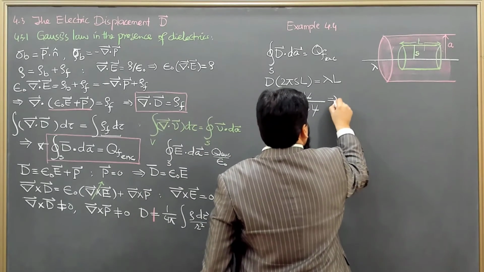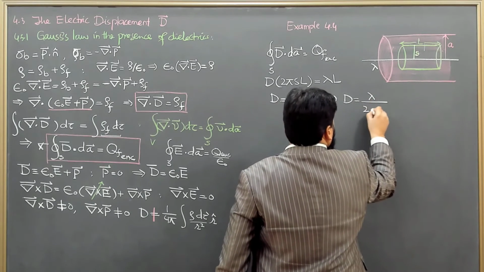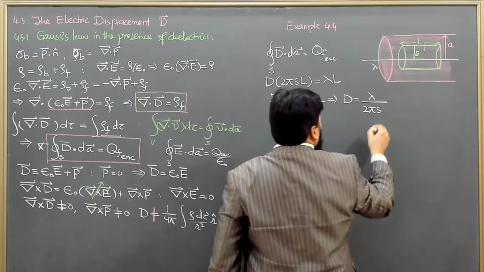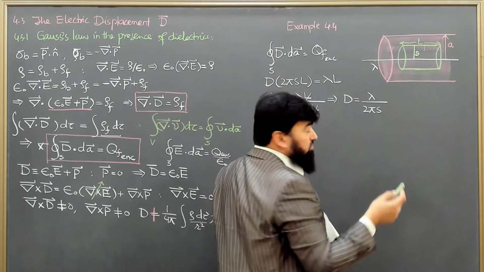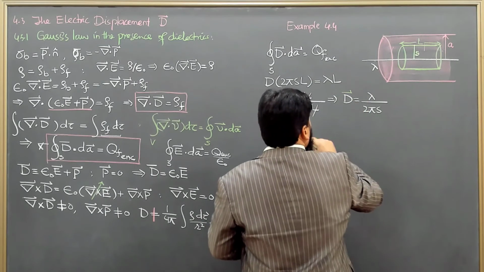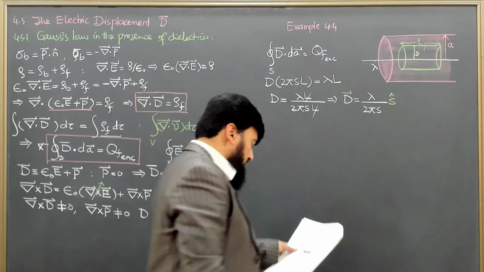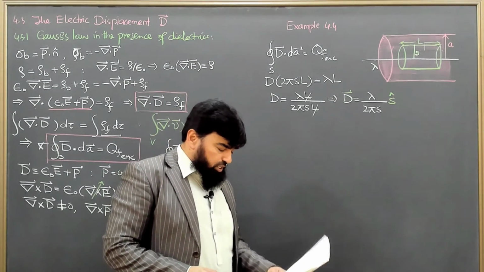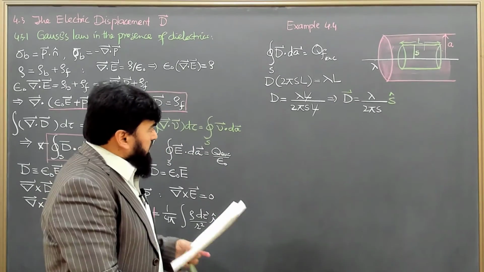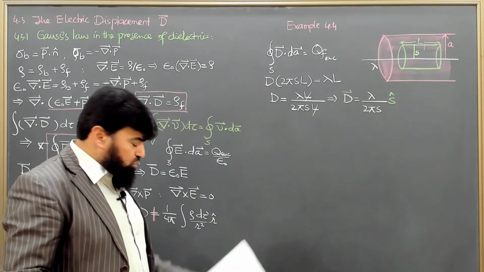So D is equal to lambda over 2 pi s. In vector form, D is lambda over 2 pi s, in the s unit vector direction. This is the electric displacement inside that insulation.